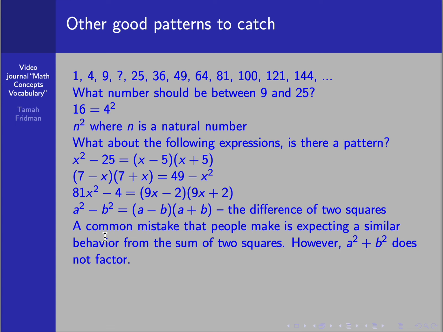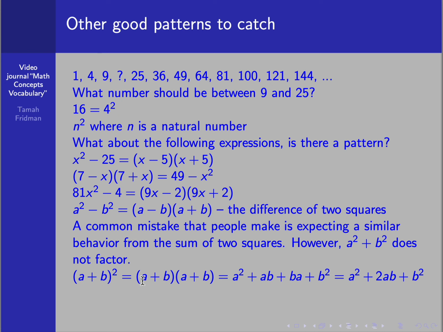Okay. Another common mistake is that people expect similar behavior from the sum of two squares, but you are stuck with the sum of two squares. It just does not factor. You'd think that maybe it would factor into a plus b times a plus b, but let's compute. That would be a plus b squared, right?